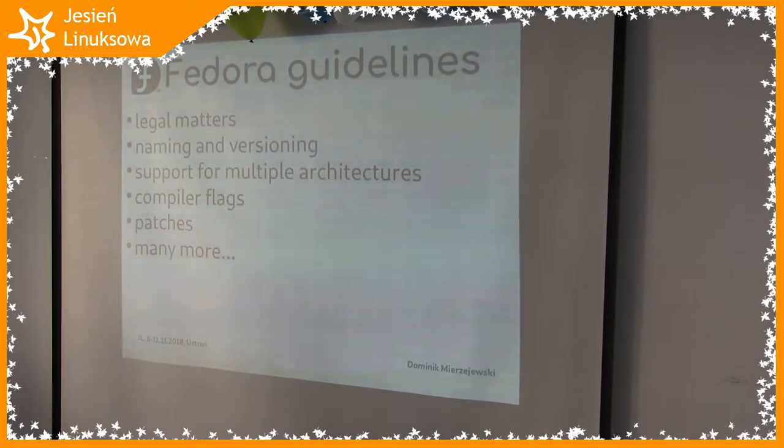Second thing, Fedora has specific requirements for naming and specifying versions, because upstreams have sometimes very strange versioning schemes, so we try to give it some order. But Debian has also similar rules.